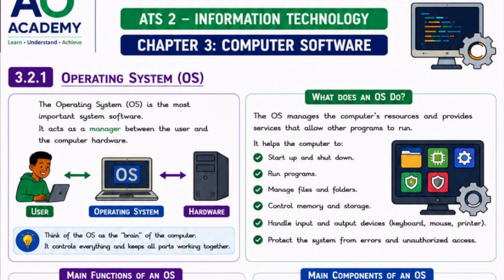So, what is operating system? Operating system is the most important system software, just like I said earlier. It acts as a manager between the user and the computer hardware. I told you I'm going to give you relatable scenarios to understand all of this.